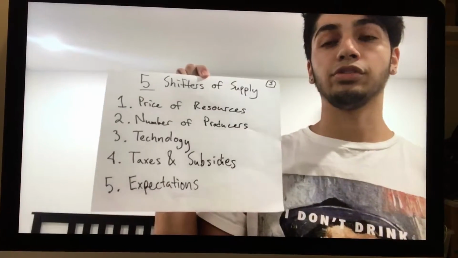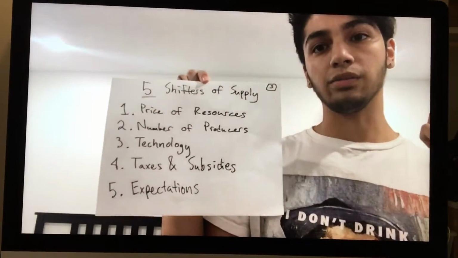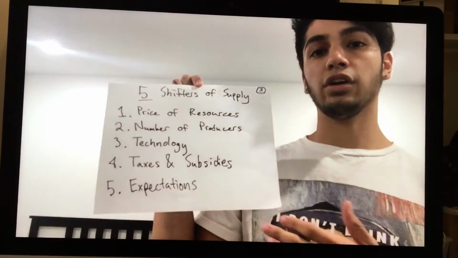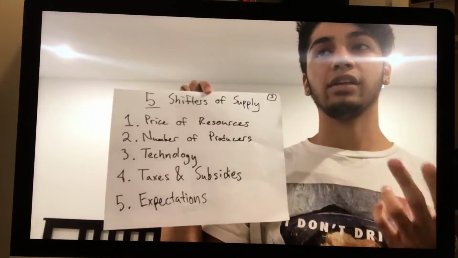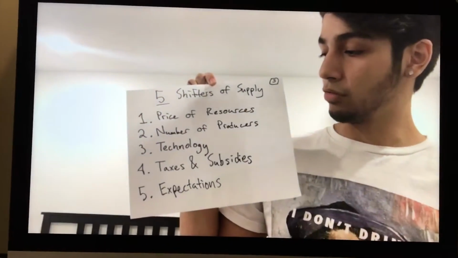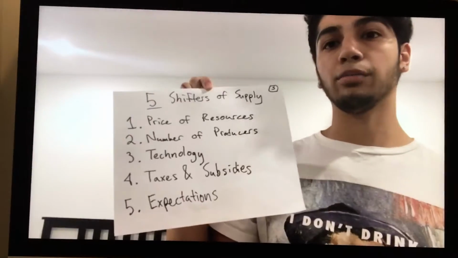If the number of producers increases, then the supply of the product will increase as well. And the third shifter is technology. So if there is an improvement in the technology to make pencils more efficiently, then the supply will go up. The fourth one is taxes and subsidies, which is government involvement.